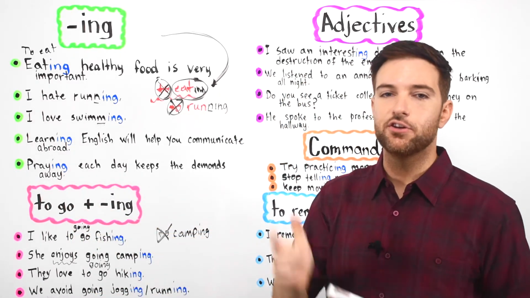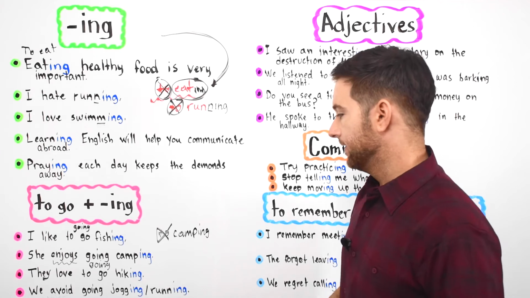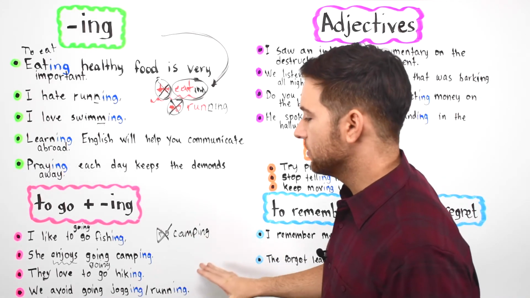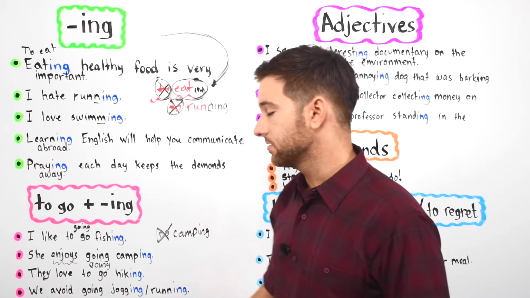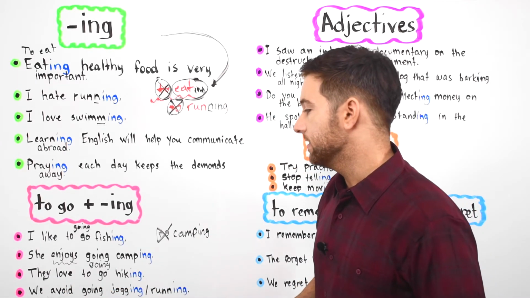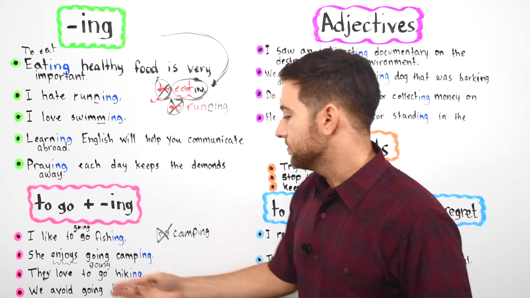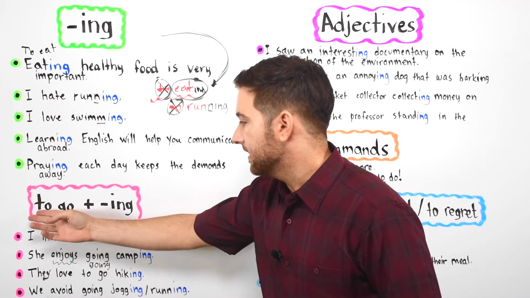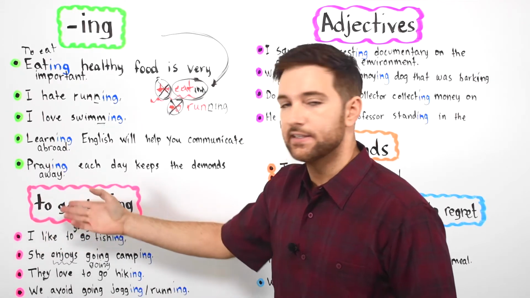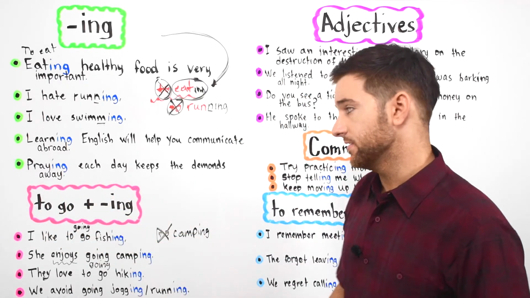Okay, these are things that you have to memorize, and we talked about these in previous lessons, so I'm sure you already know how it works. But there are a certain amount of verbs that we have to use a fuller form after. We can't use the infinitive, because when we have to go, it's an infinitive form. We can't do that in these cases.